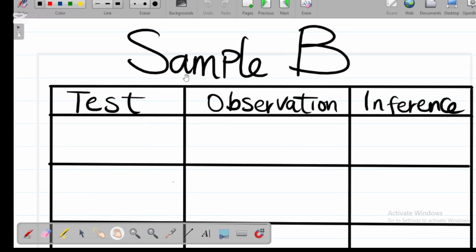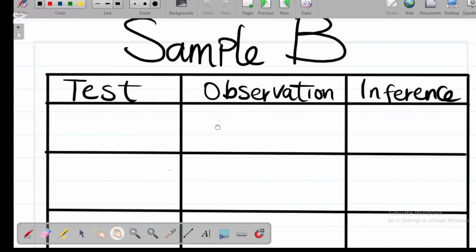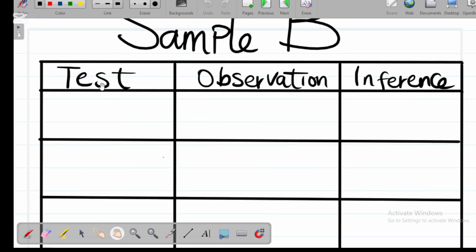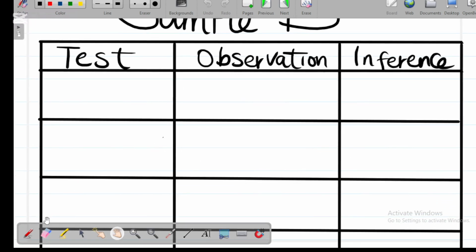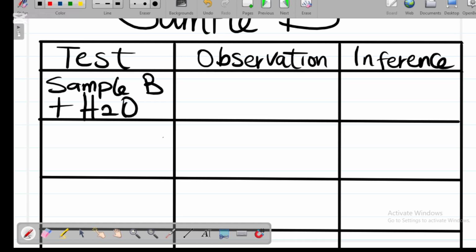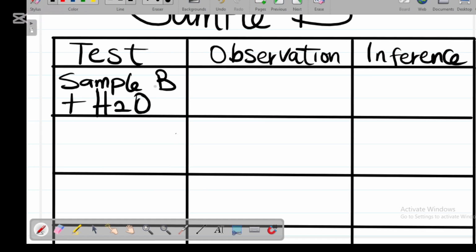All right, let's consider sample B. Sample B. We have here test, observation, and what? Inference. The first one says mix sample B plus water, or make a solution of sample B, which is H2O plus sample B. So if you make a solution of sample B, what will be your observation?